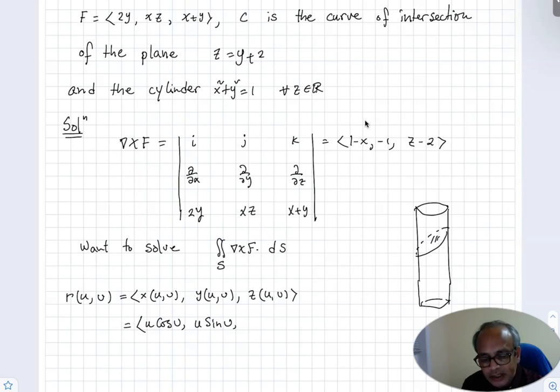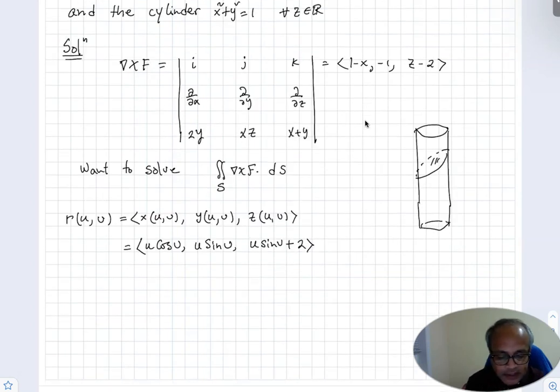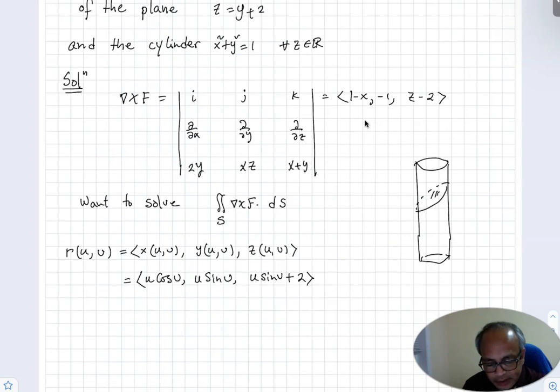So let's look at what is the given surface. I have x squared plus y squared equals 1, which might give me the parameter domain, and because I'm looking for z, and there is no z here, this surface has z equals y plus 2. That tells me z is u sin v plus 2. Let's figure out the parameter domain.